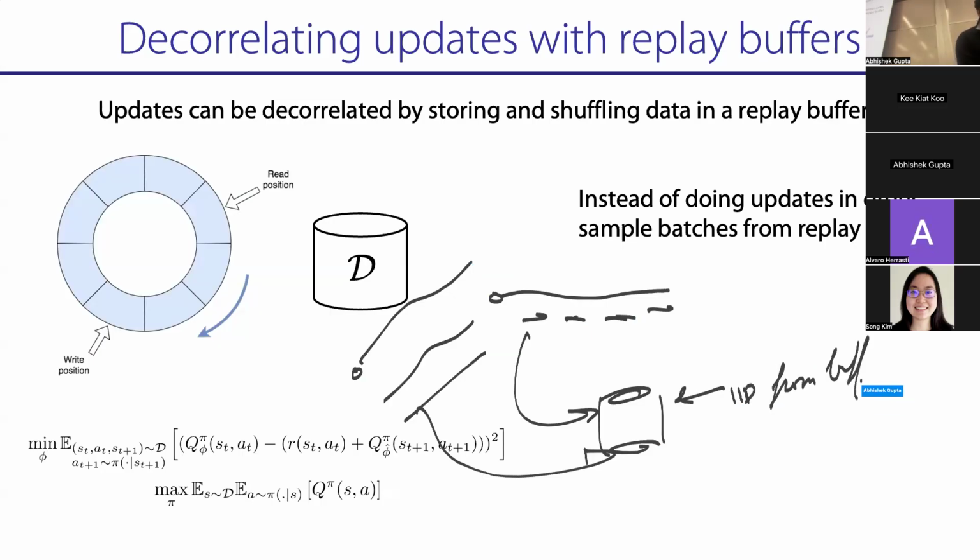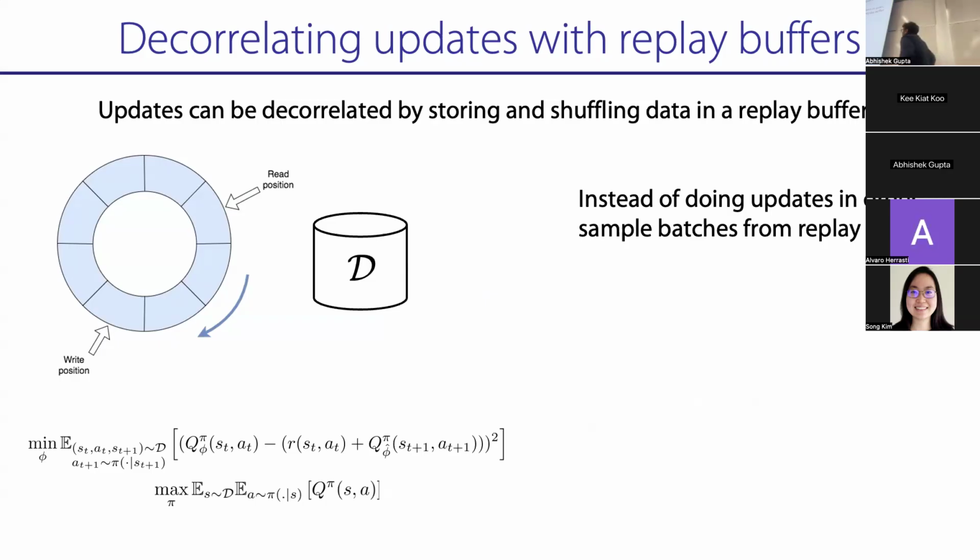So when I'm doing updates along this trajectory, I will of course have these things in the buffer too, but I'm sampling IID. And so by sampling IID, you're not doing updates that are correlated with the current trajectory.